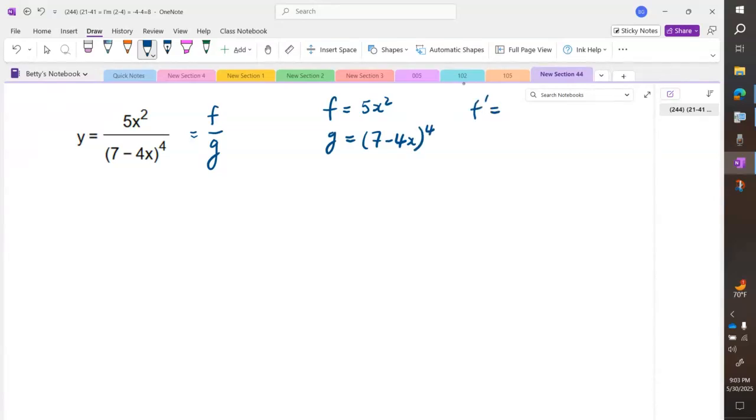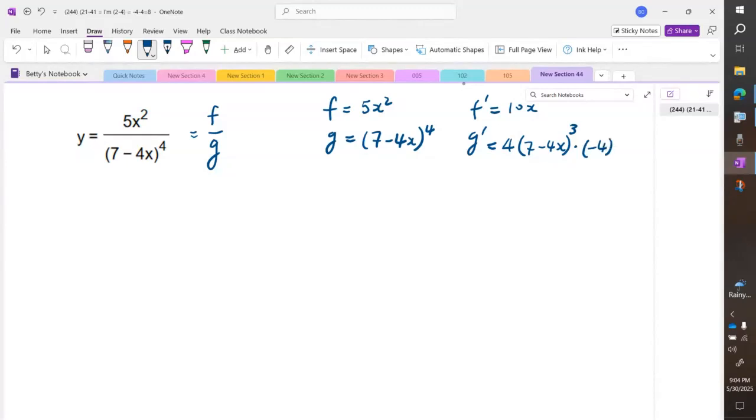f prime: the derivative of x squared is 2x. So f prime is 5 times 2x, 10x. g prime, take the derivative of g. We use the chain rule. You should remember the chain rule, right? The outside function is u to the power of 4, so 4u cubed, and then multiply the derivative of the inside function.